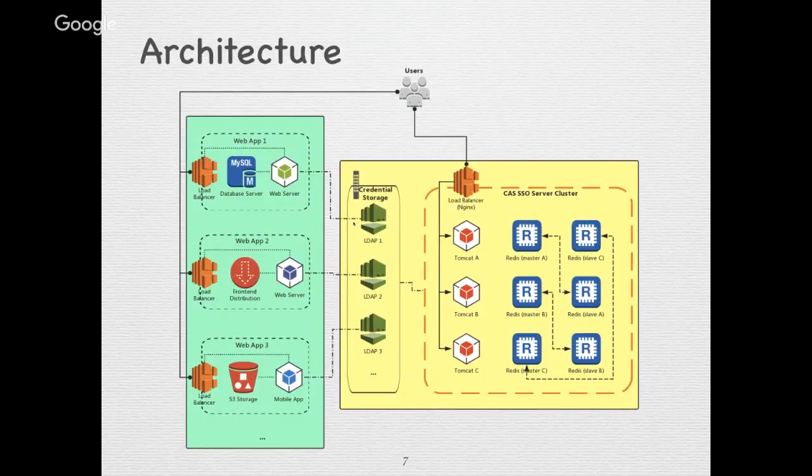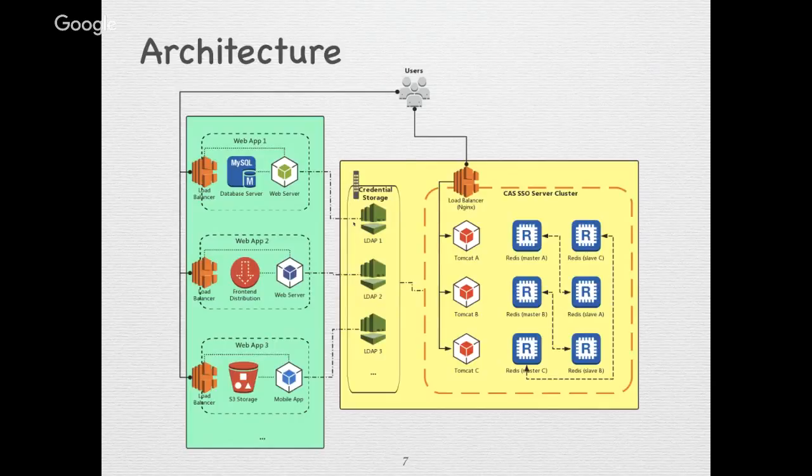In the yellow area, you will see that the load balancer will direct your login traffic to one of the Tomcat servers. When the Tomcat server tries to validate the username and password to see whether they match or not, the ticket itself, which we need to talk about later, will be stored in 6 Redis cluster nodes. Some of them are master nodes, some of them are slave nodes.